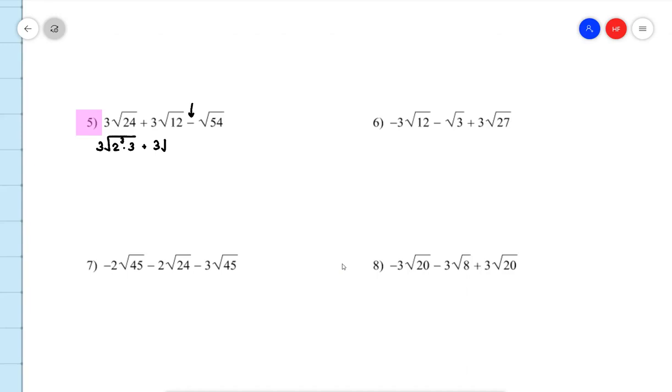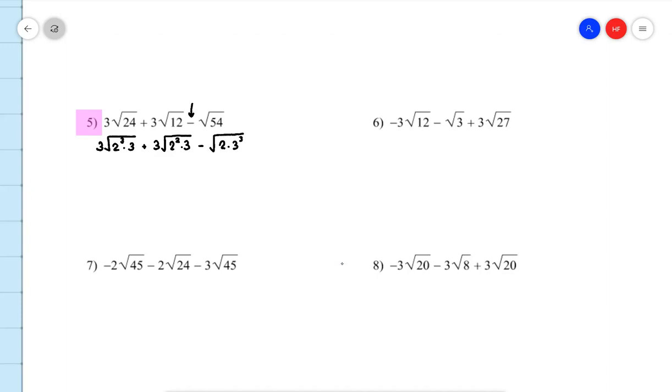Prime factors of 12, 2 squared times 3. And then 54, we're going to find the prime factors. So we get all underneath the radical, because there's not a coefficient there, 2 times 3 cubed.